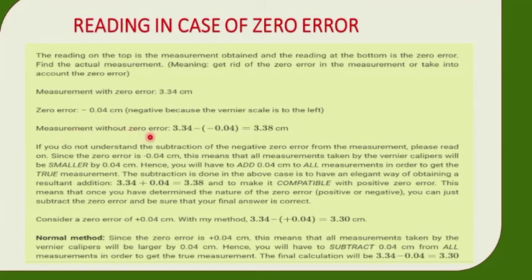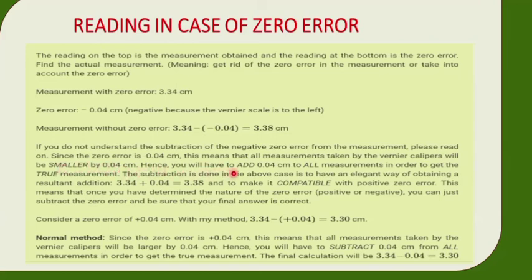Now, measurement with zero error: 3.34 centimeter. Zero error is 0.04, a negative zero error. The actual measurement without zero error will be 3.34 minus, here is minus zero error, so minus (minus 0.04), which is equal to 3.38 centimeter.